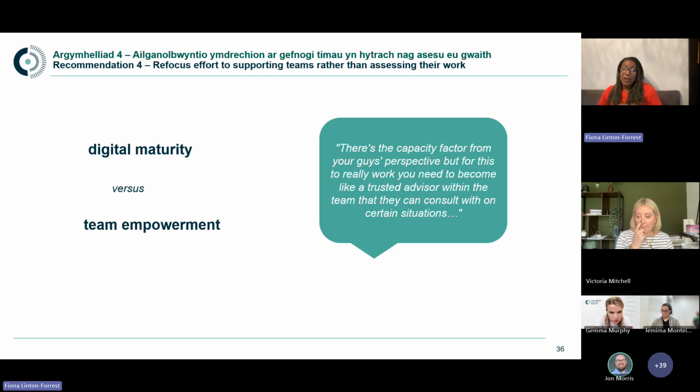So recommendation 4 is about refocusing to supporting teams rather than assessing their work. And what we found was the majority of teams we spoke to didn't actually have control of the end-to-end of their service. So assessing a service team on the whole service doesn't really work. But what we did find were that some teams are empowered within their part of the delivery process.